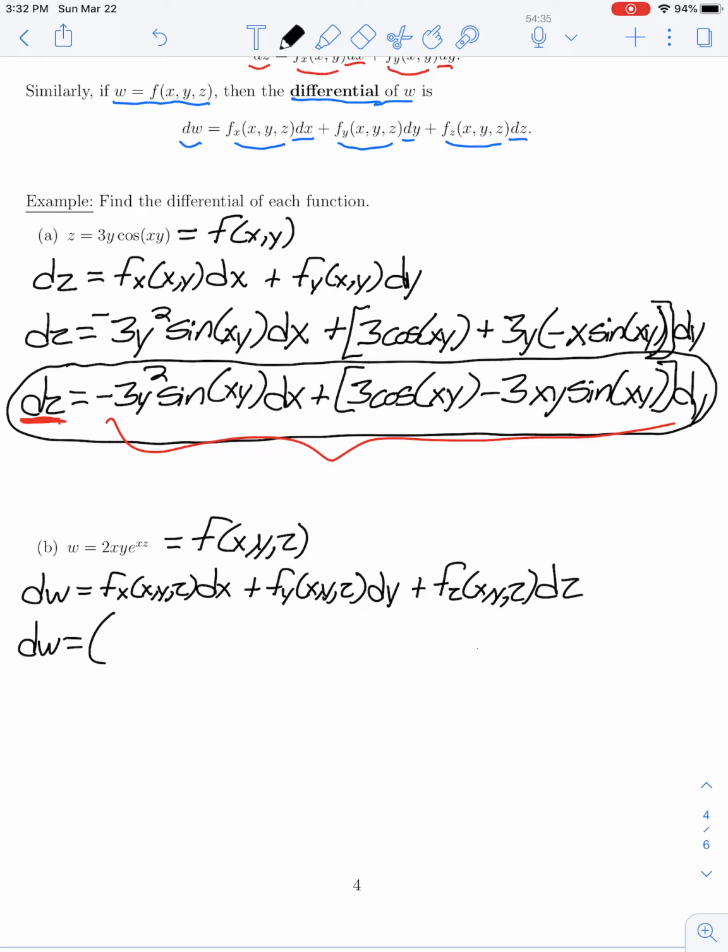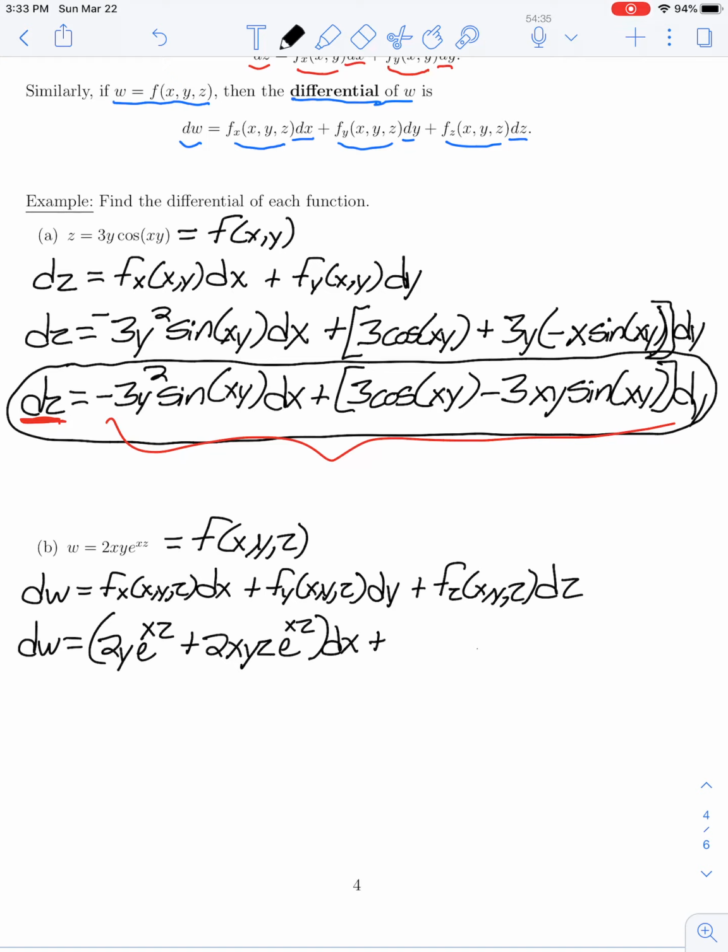So differentiating 2xy with respect to x, we have 2y times our second factor in the product, which is e to the xz, plus our first factor, 2xy, and the derivative of e to the xz gives us e to the xz times the derivative of the inner function with respect to x, which leaves us z. So altogether 2xyz times e to the xz power, and we multiply by the differential dx.